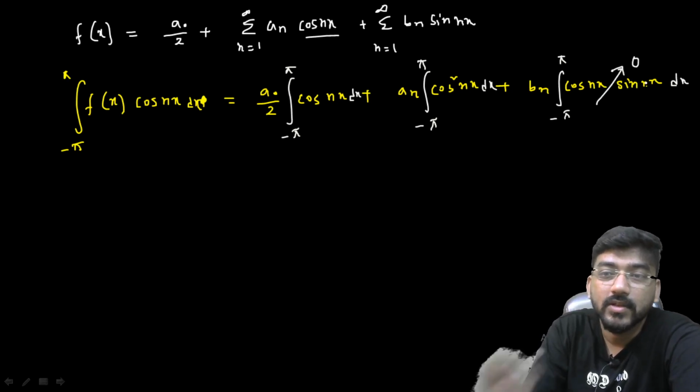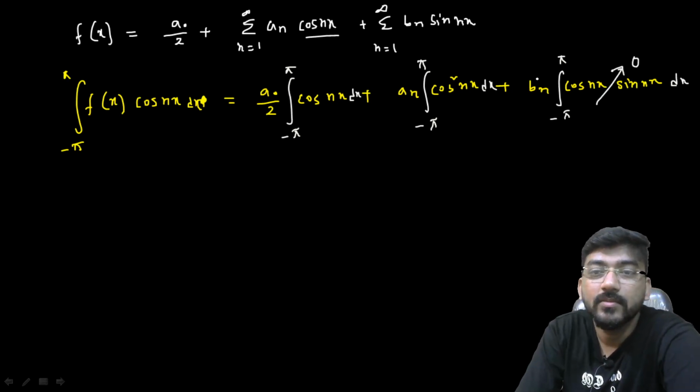The average value of cos nx and sin nx is also 0 within this limit, and this is obviously 0.